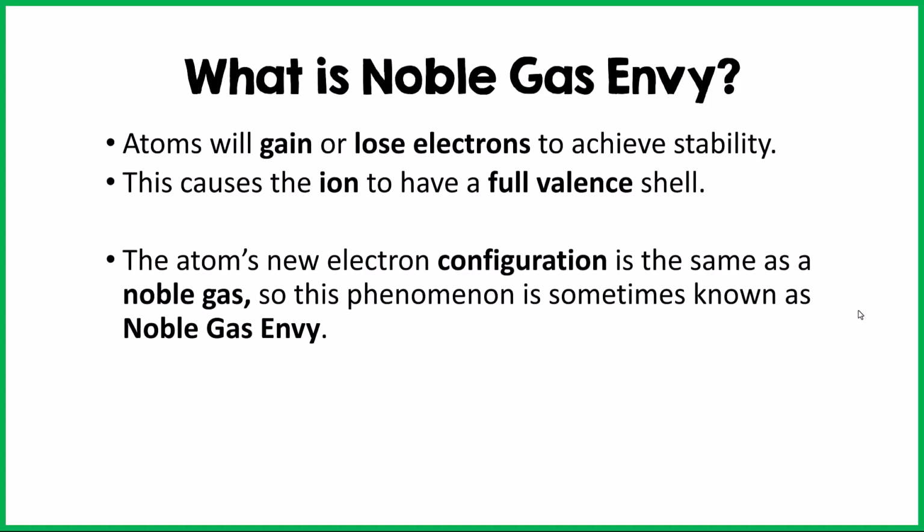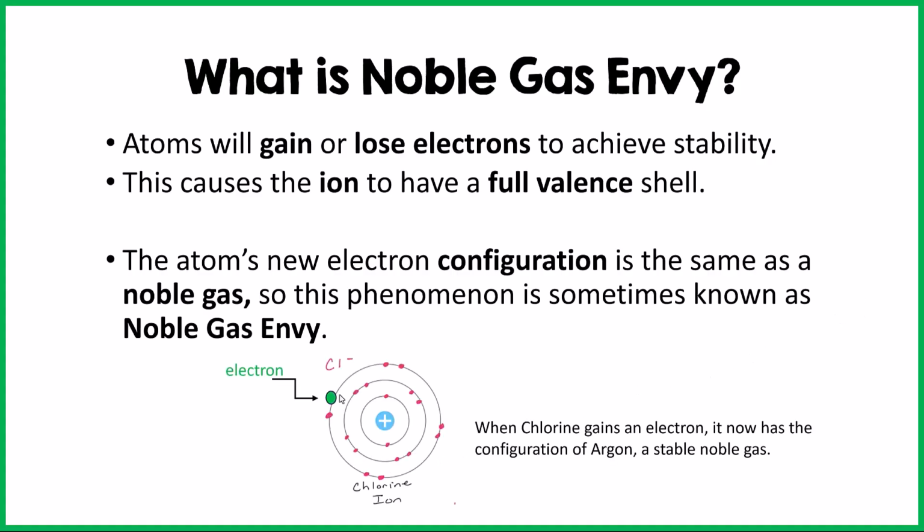So let's look at an example. If we're talking about chlorine gaining an electron, it does have 7 electrons naturally in this outer valence shell. But if it gains an electron, now it has 8. And so yes, it now becomes a negatively charged ion, but it also has the configuration of a noble gas with this full outer energy level.